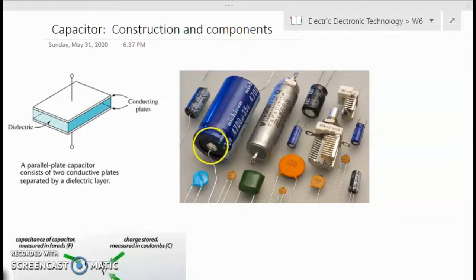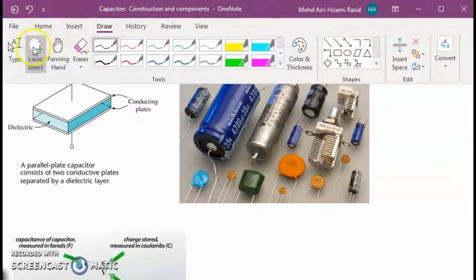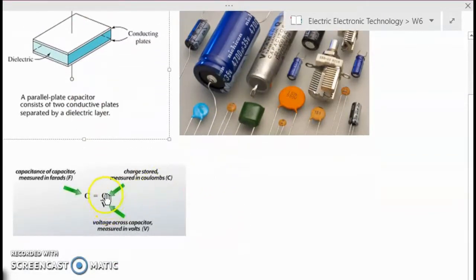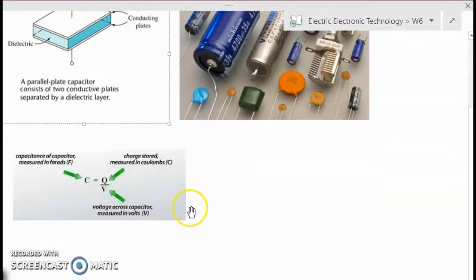So what's the basic principle of operation of a capacitor? To look at that, let me introduce the notion of capacitance first. Capacitance is the unit that tells us how much charge a capacitor can store, right?